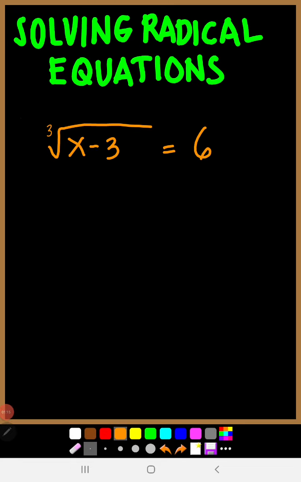Okay, let's now move on to our second example. So we have cube root of x minus 3 is equal to 6. So this time, our index is 3. So therefore, to be able to cancel out the cube root, we have to cube both sides.